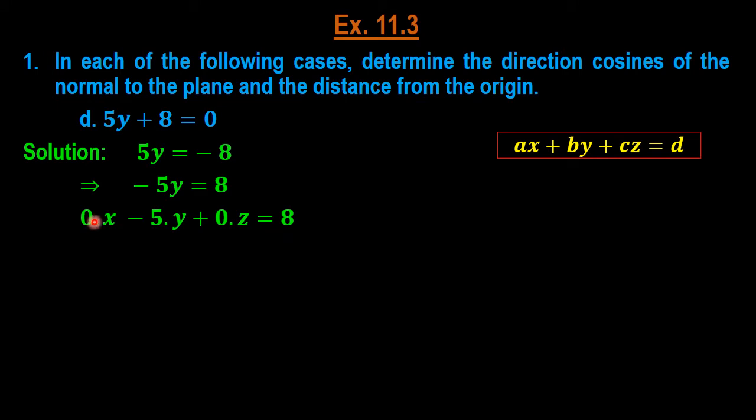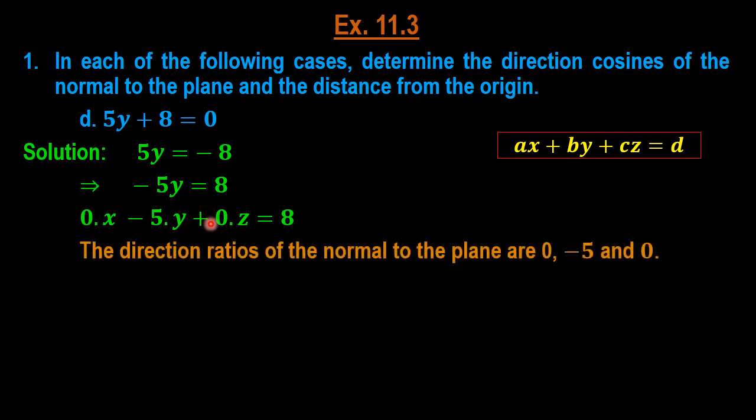Now here the coefficient of x is 0, and a, b, c are the direction ratios of the normal to the plane. A is 0, B is minus 5 and C is 0. So we can write the direction ratios of the normal to the plane as 0, minus 5 and 0.